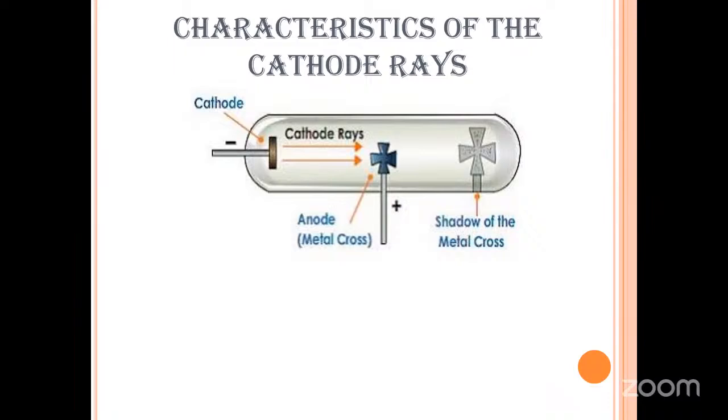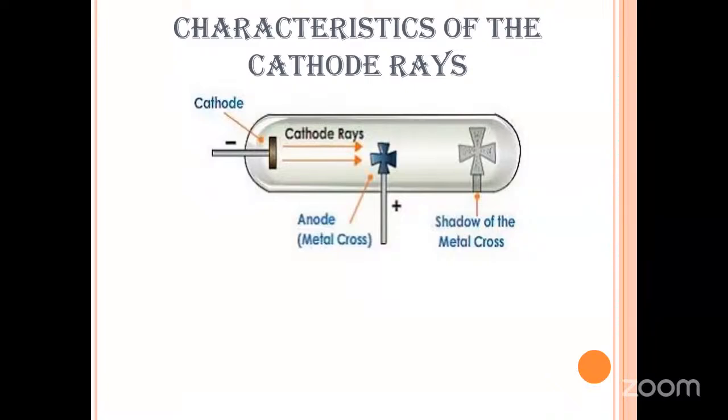So what are the characteristics of cathode rays? Because the observations that were made were the things that directed those early day scientists on what to do. It is from the observations that they got information, and they were able to bring things together.